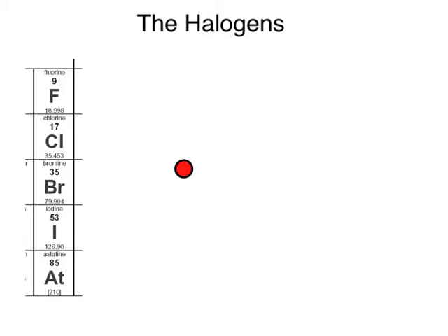Now we'll just take a quick model of one of the group 7. So if we quickly draw this one here, now we can see here that we've got 7 electrons.